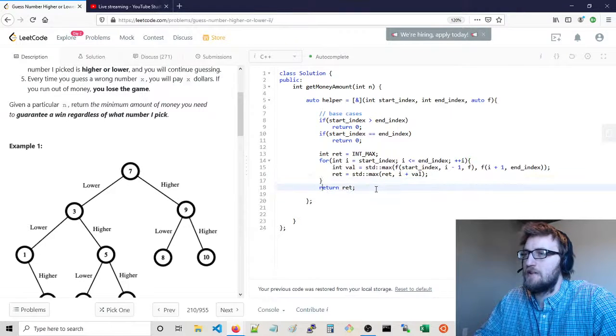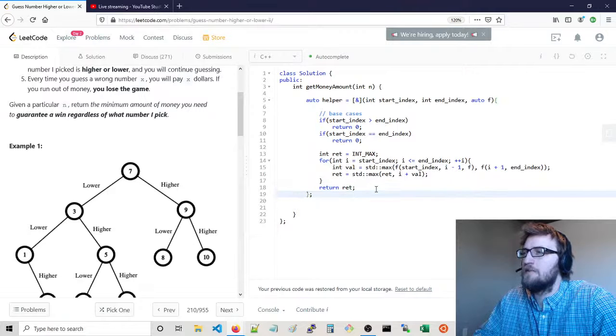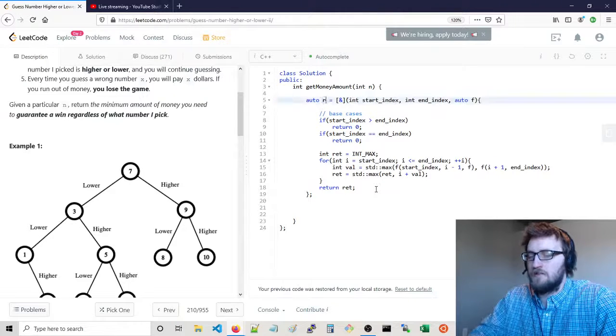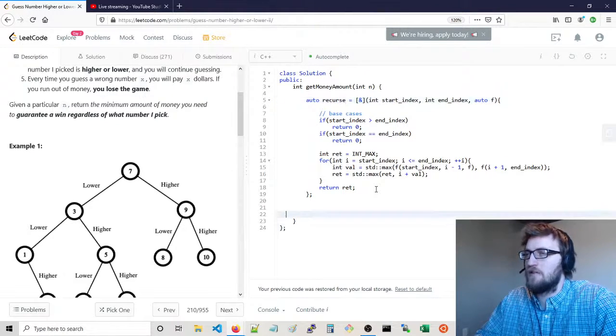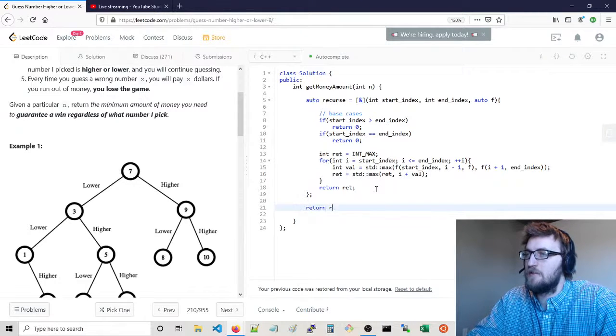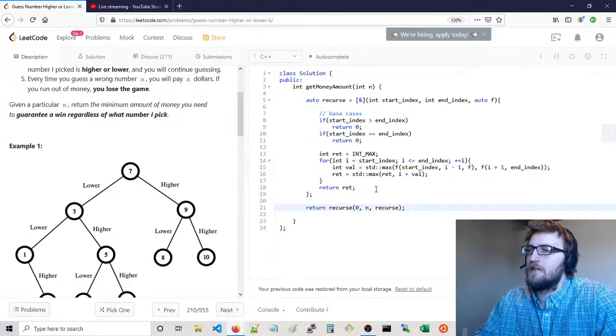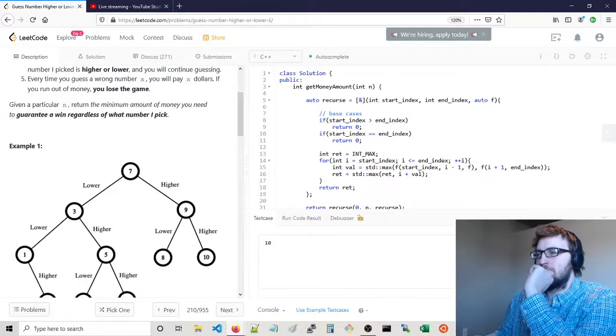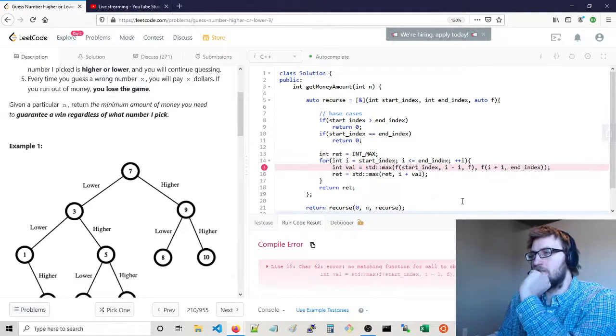Something like this. I think you could literally do this: start index 0, end index n. What does this do? Let's just do that. Compiler error. Nice. Perfect.